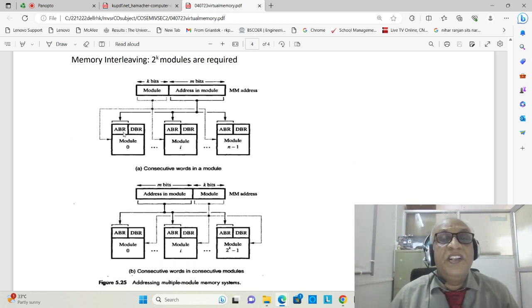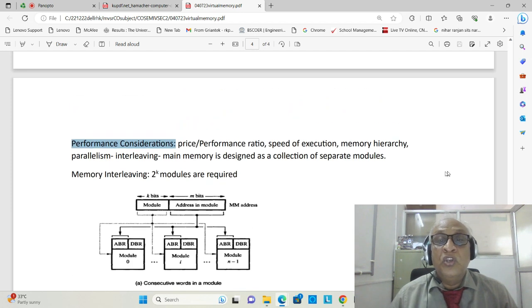What we are seeing here is our memory, right? Now our memory is divided into module 0, module 1, module 2, and so on. So whatever we have written about memory interleaving is justified in the diagram. What is the meaning of memory interleaving? Memory interleaving means dividing your main memory into modules.